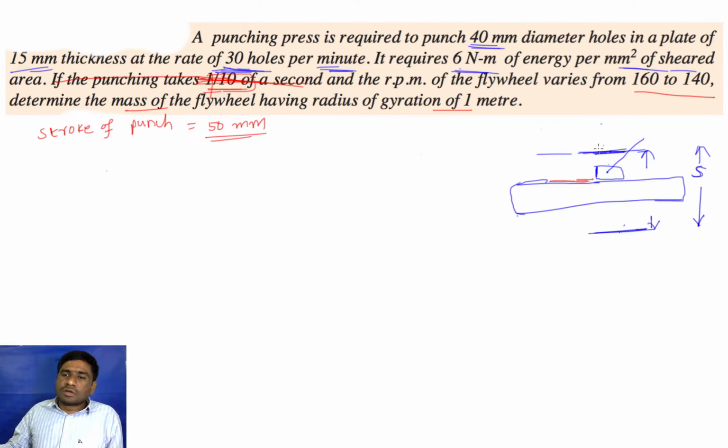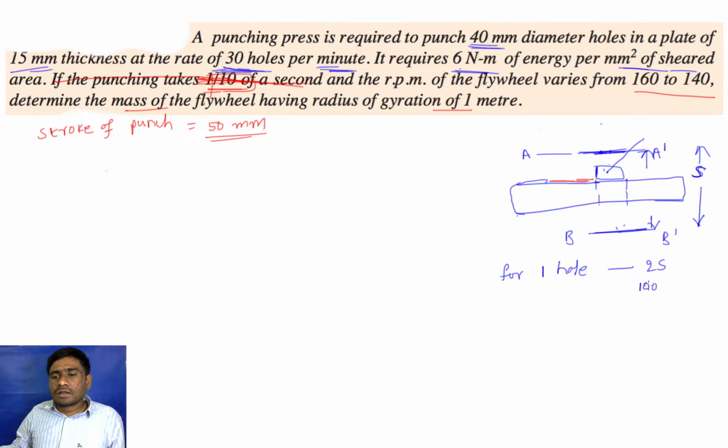For example, let's say a punch is traveling from this position A dash, and it reaches this position, and now it made a hole and reached this position B dash, and it will once again go back, so it traveled 2 strokes.